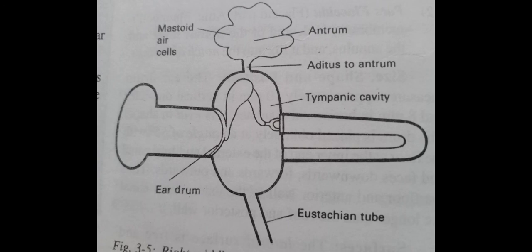The equalization of air pressure on both sides of the eardrum is essential for optimum functioning of the eardrum and the attached ossicular chain for conducting the sound. In the absence of the ossicular system, the sound is transmitted to the cochlea by the bone directly to some extent. So this is how the physiology of hearing works.